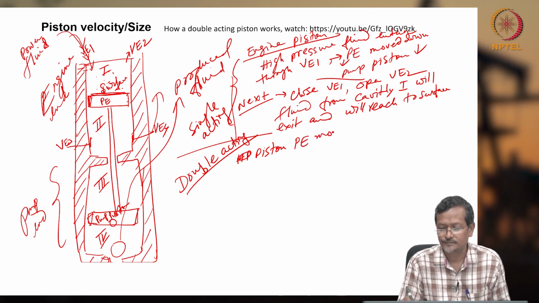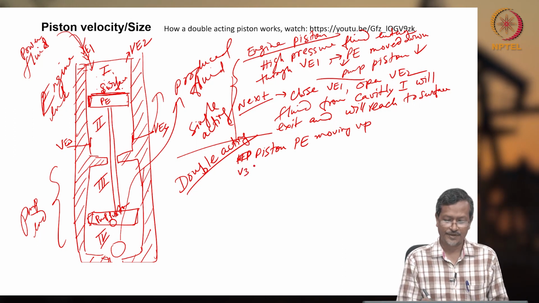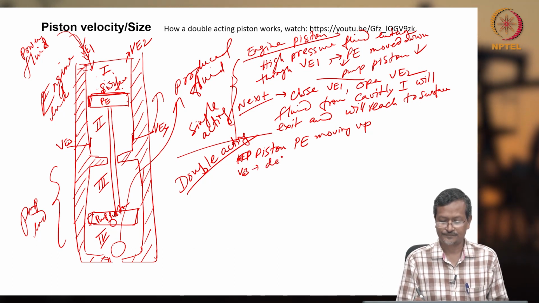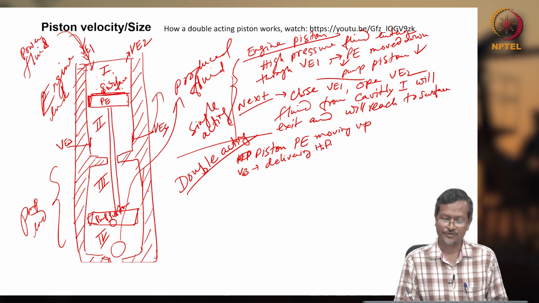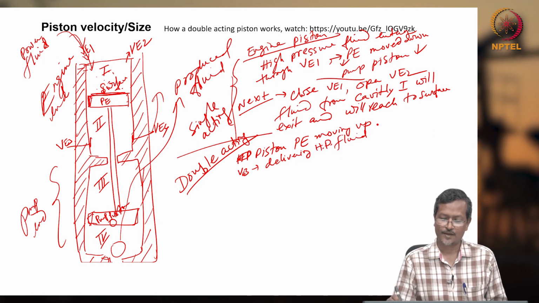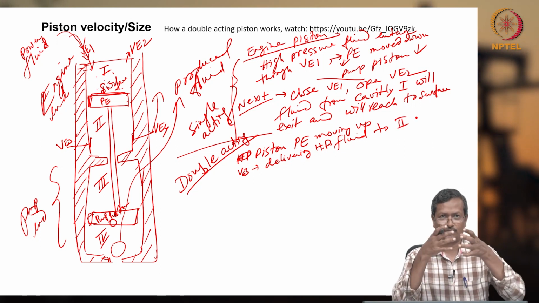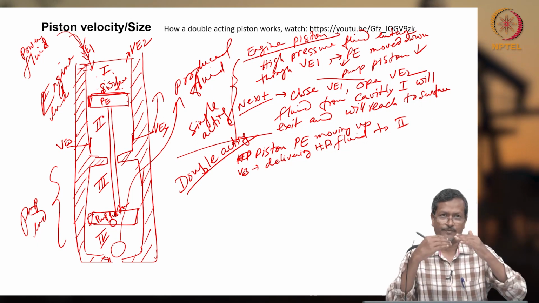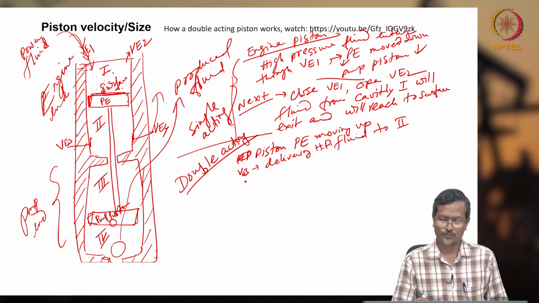During the piston moving up, VE3 is delivering high pressure fluid to chamber 2, that area, location 2. It is getting filled up, creating very high pressure.